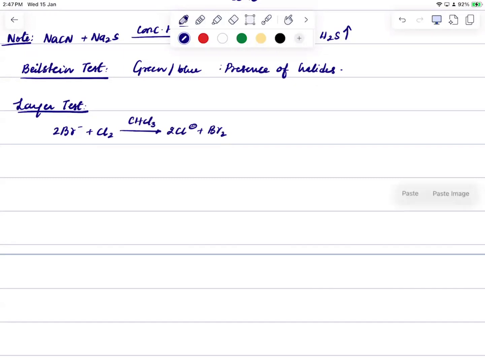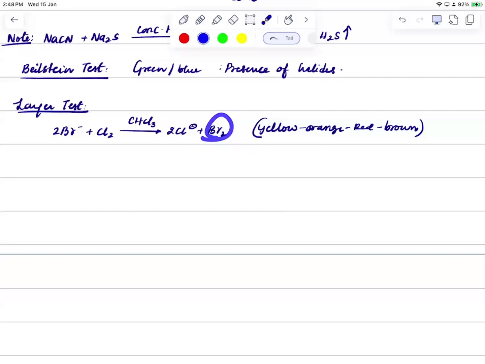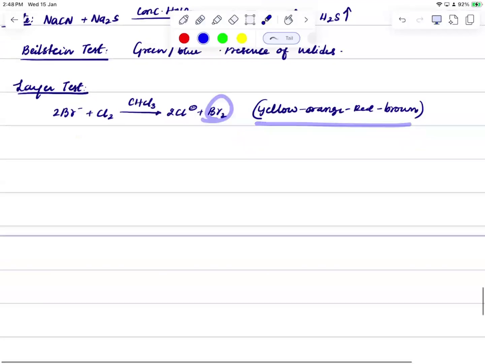You can take CCl4 or CS2 or anything. If it gives anything between yellow, orange, reddish to, sorry, not violet, brown, right? This coloring is the indication for bromine, depending upon what exact solvent you are taking. But options such as orange, red, brown are given. These are all for bromine.